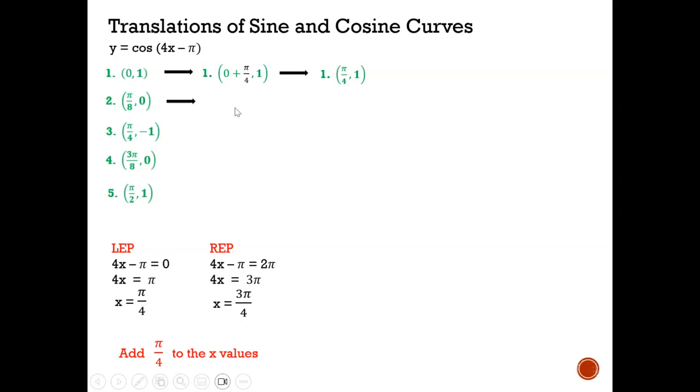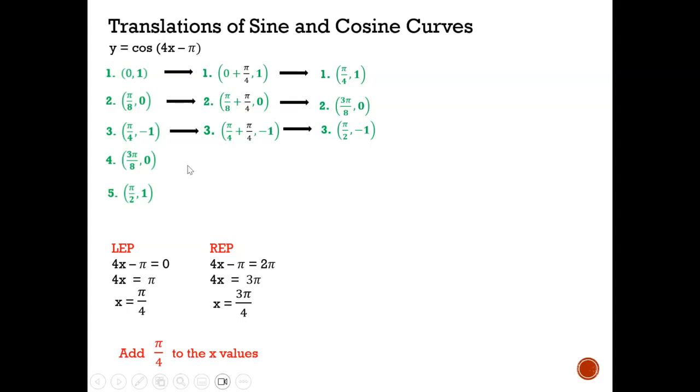The second point, we're going to add pi over 8 plus pi over 4, which will give us 3 pi over 8, 0. My third point, we're going to add pi over 4 plus pi over 4, which will give us pi over 2, negative 1.